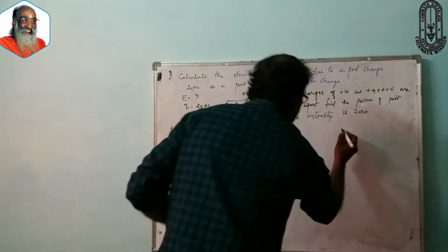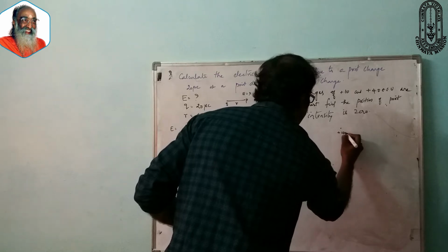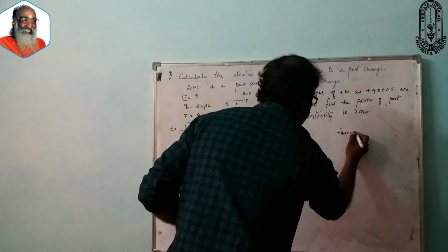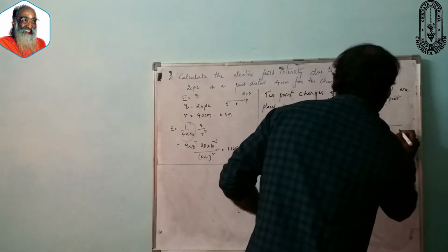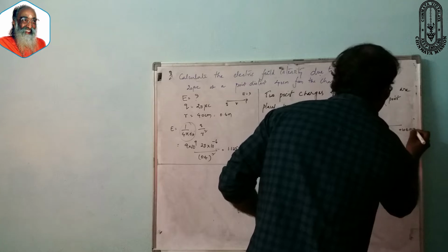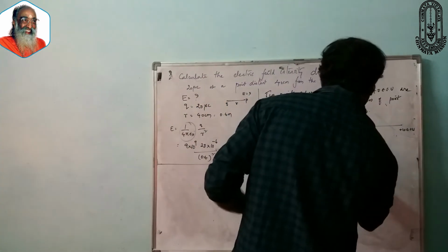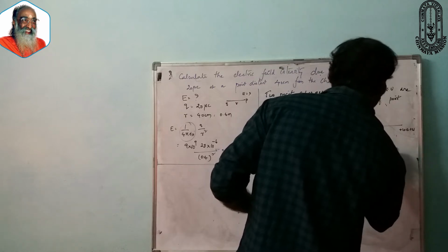That means diagrammatically, it is plus 40 ESU at this side, and the other one is plus 10 ESU. They are separated by a distance of 12 centimeter.